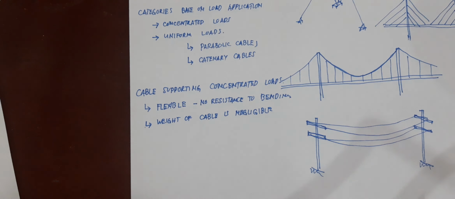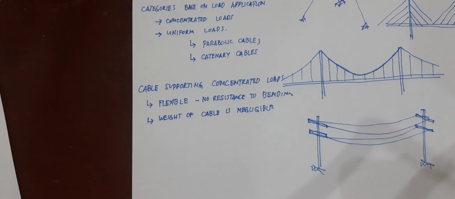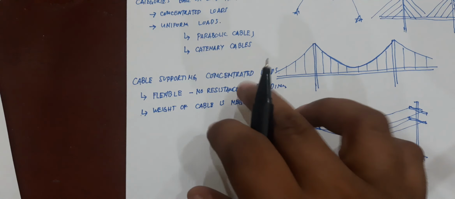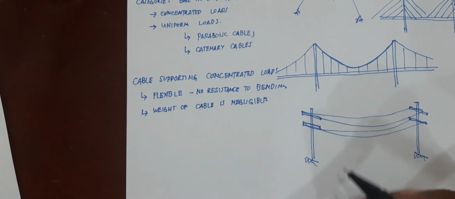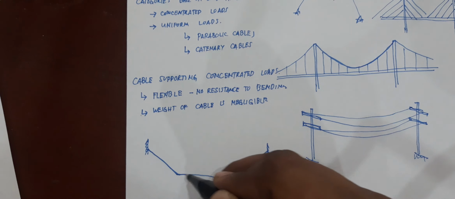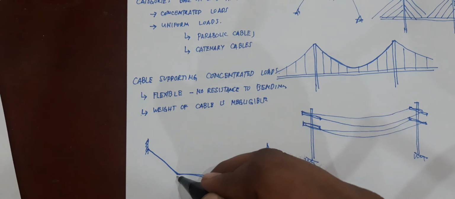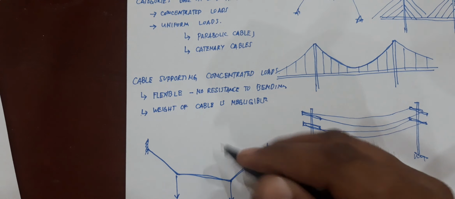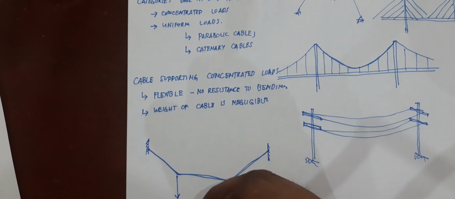Any portion of the cable between the successive loads is therefore considered a two-force member. Having these two assumptions, let's visualize this by making use of this illustration. Let's say you have here your cable, which would have this particular configuration due to your applied loads, let's say an arbitrary load of P1 and P2.